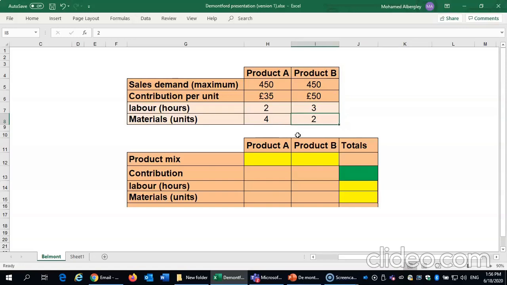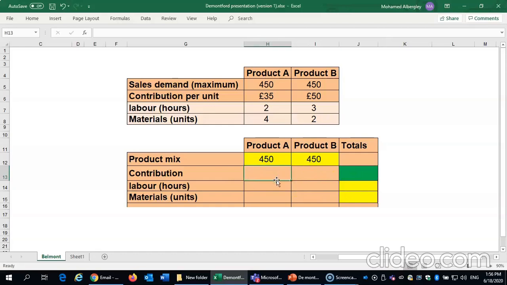In the case that there is nothing to prevent the company from producing the maximum demand, then the company would produce 450 units of product A and 450 units of product B in order to maximize its contribution. Now we need to calculate the contribution of A and the contribution of B and then the total contribution.